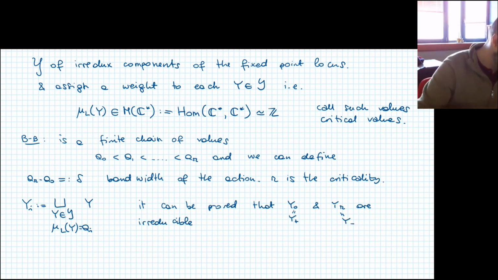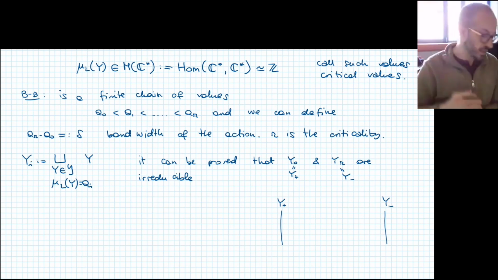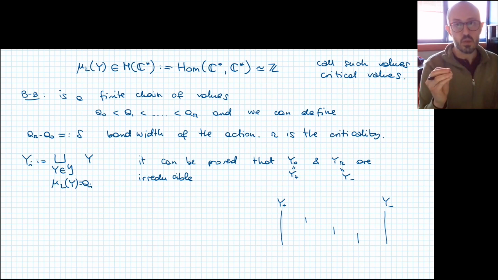Okay. So we have these initial and terminal objects. We have some components in the middle.